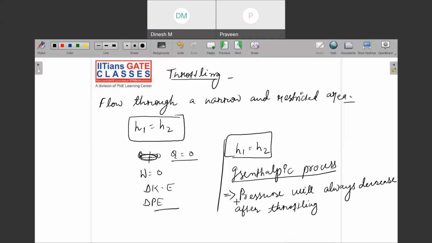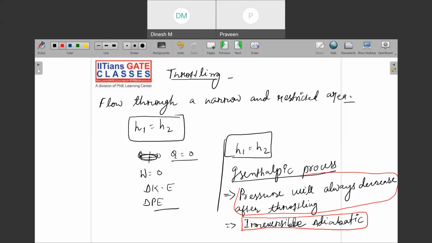Okay, this is one thing. And what is this process called? This process is irreversible adiabatic. So mark these words: irreversible adiabatic, and pressure is always decreasing.